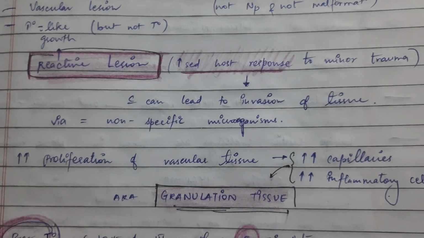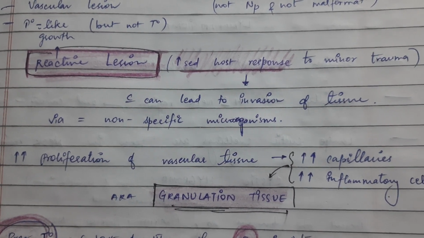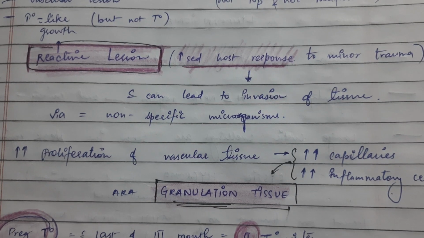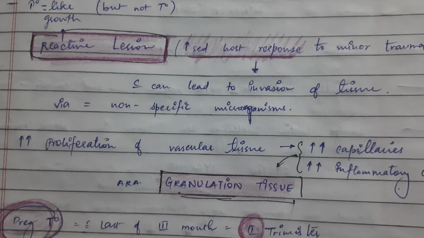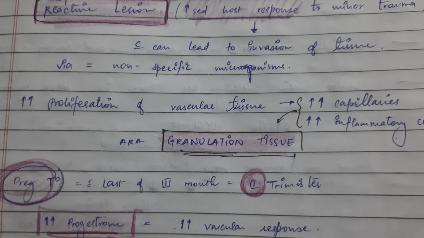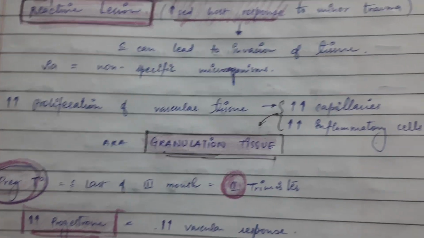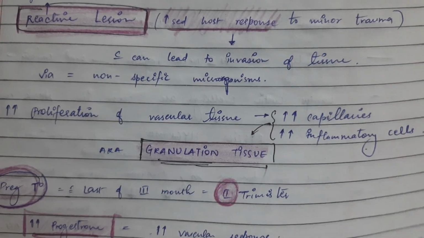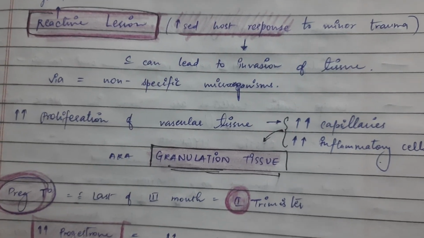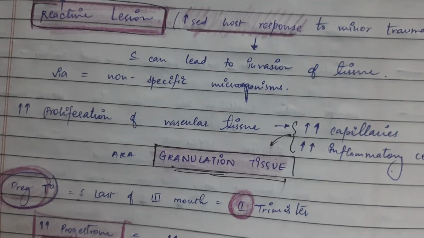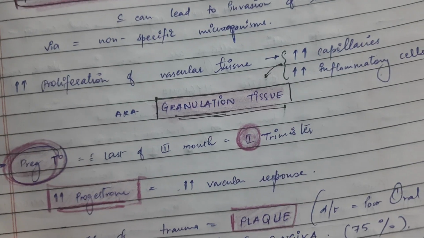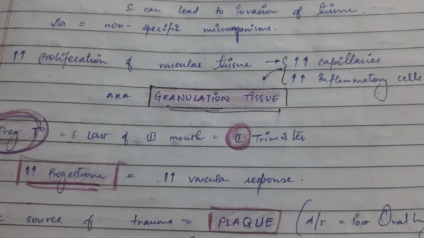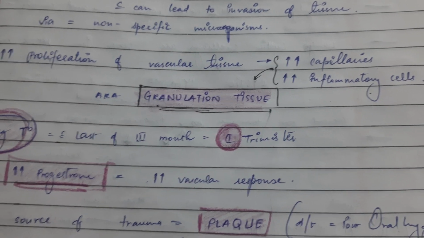Even if there is a minor injury, the host response increases, which can lead to invasion of tissue by non-specific microorganisms. Increased proliferation of vascular tissue, increased capillaries, and increased inflammatory cells, forming granulation tissue.